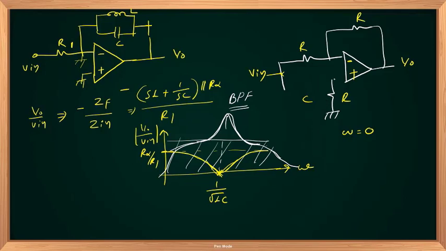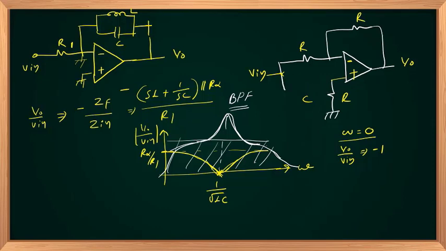When the capacitor is open, no current flows through R. This is at 0 volt, grounded. So this is an inverting amplifier circuit. So V out upon V in will be equal to minus R by R, that is minus 1, right? At omega equal to 0.